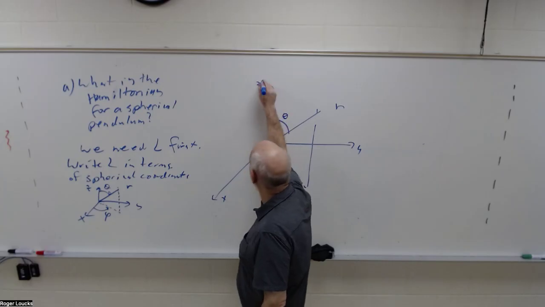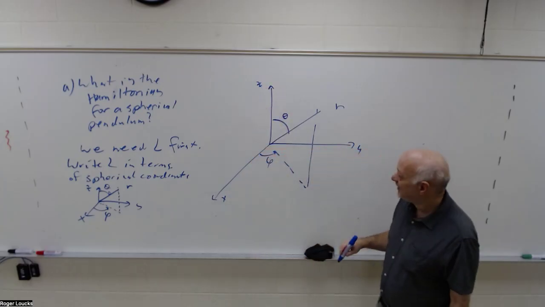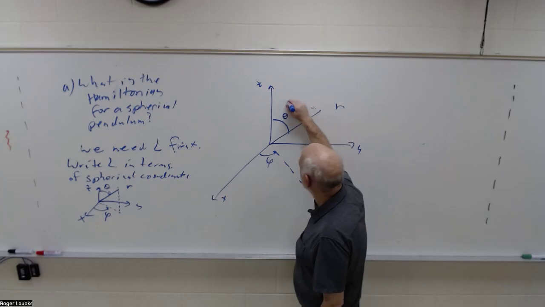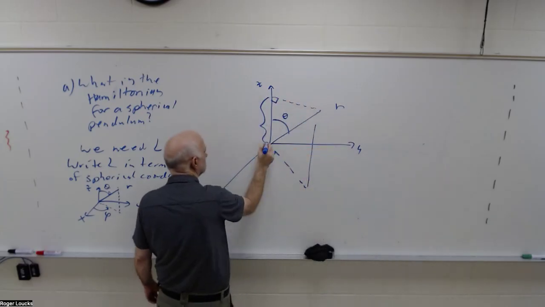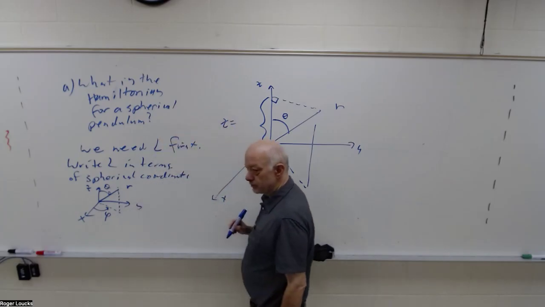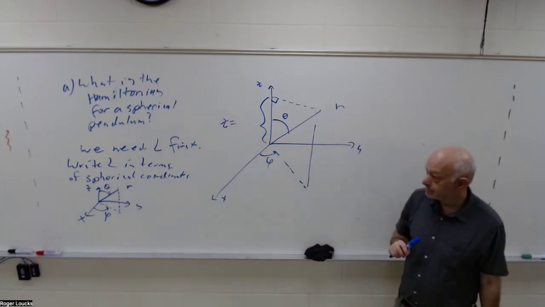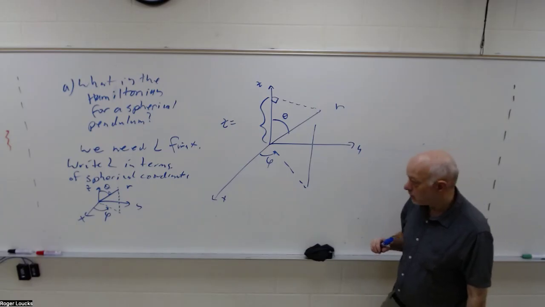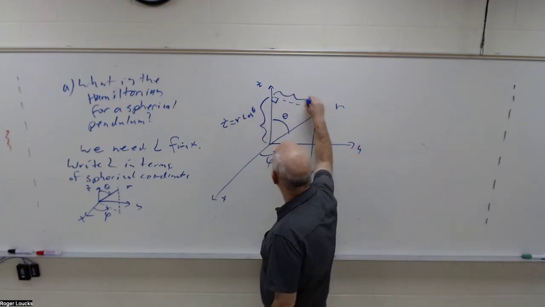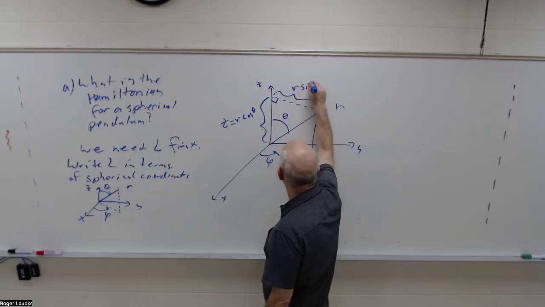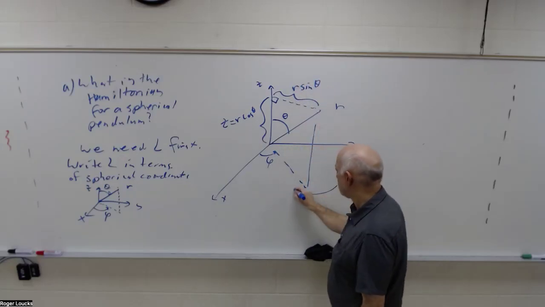You drop your little perpendicular here, like this. So this is perpendicular. So this is Z. So what does Z equal? R cosine theta. And this right here is our R sine theta.